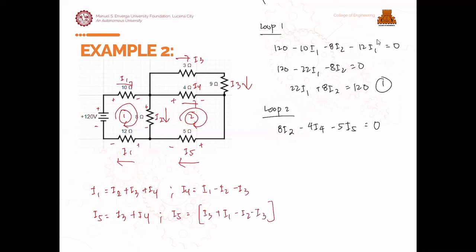So these cancel out. Our I5 can become just I1 minus I2. Then we will use this here. We substitute: I4 is I1 minus I2 minus I3, minus 5 times I1 minus I2, equals 0.